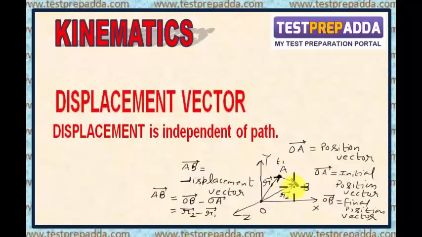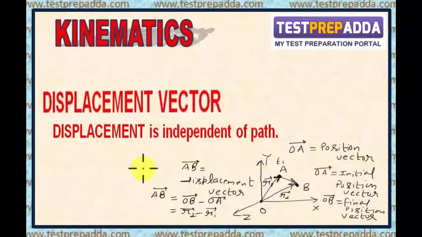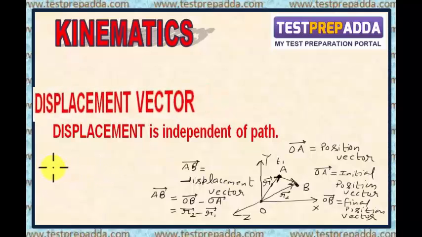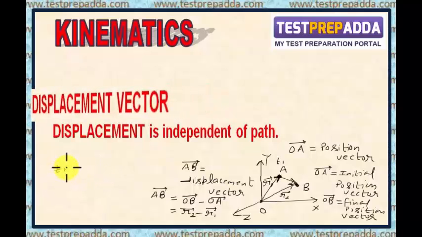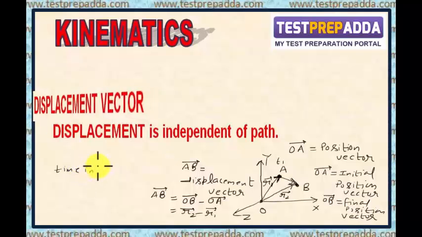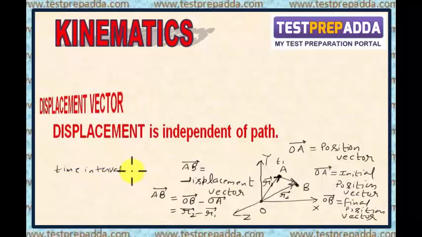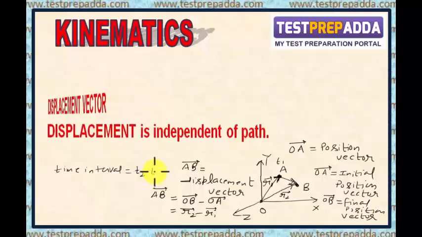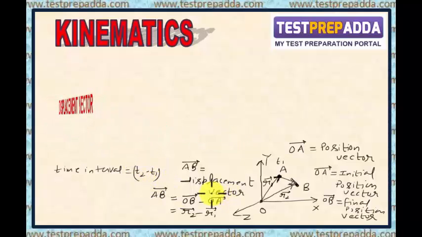Now, this displacement has taken place in the time interval t2 minus t1, and the displacement vector is r2 minus r1.